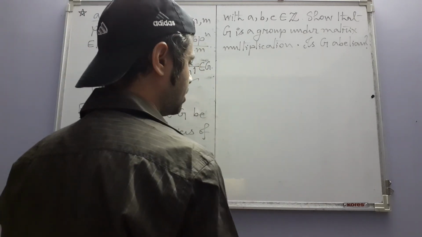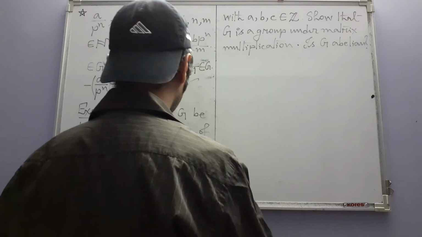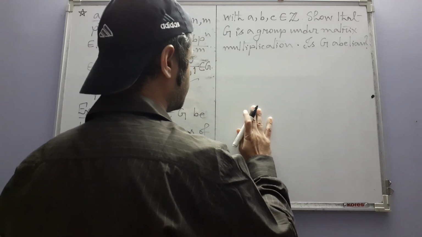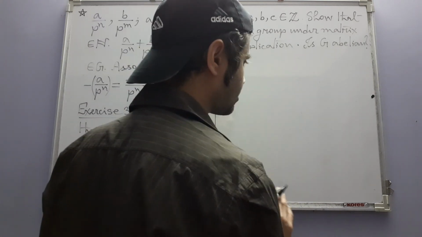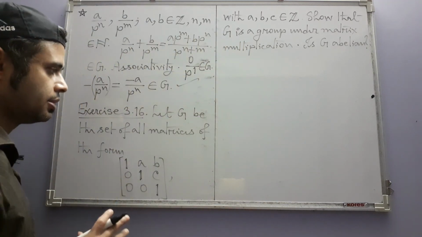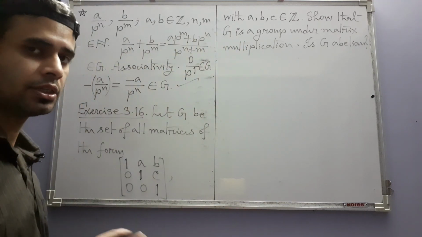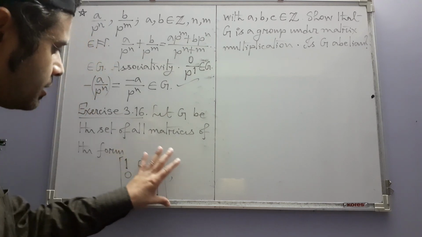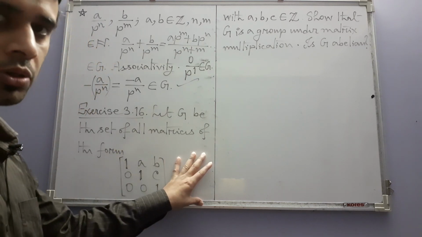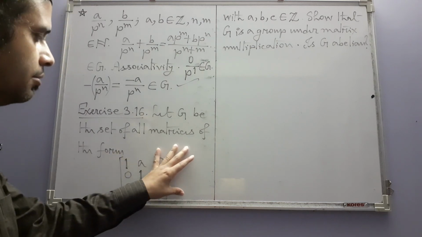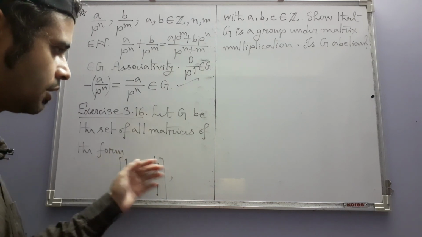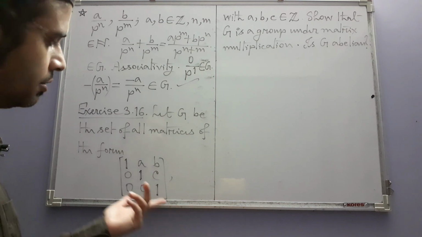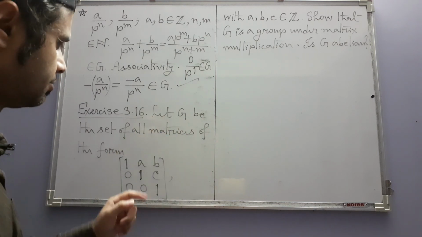Now here I will do even less. I will only show that G is actually not abelian. Showing that G is a group, I am leaving that to you entirely. Take 2 such matrices, take their product. You will see that the product is again of that form. So G is closed.